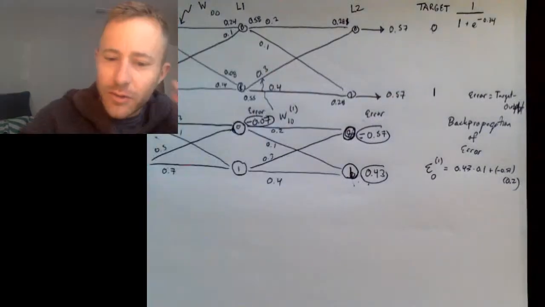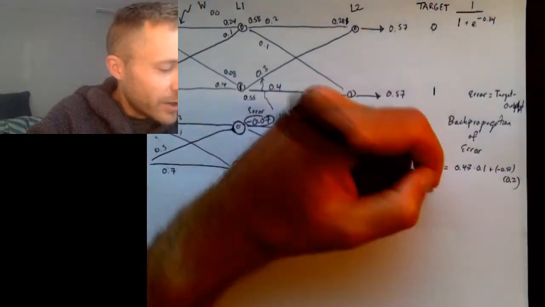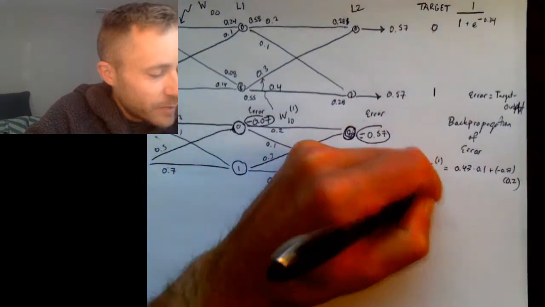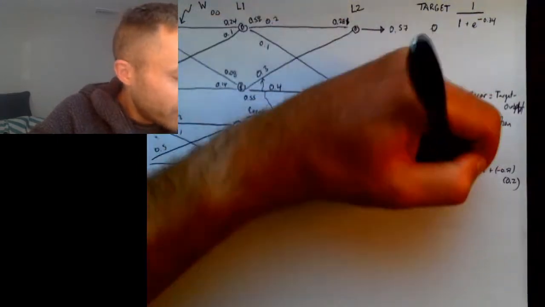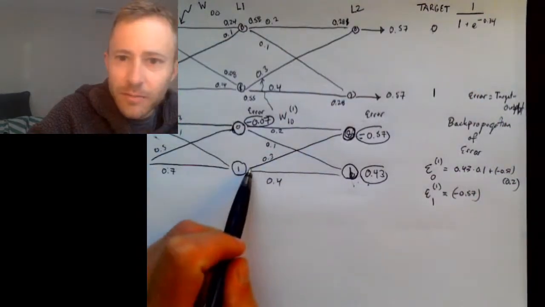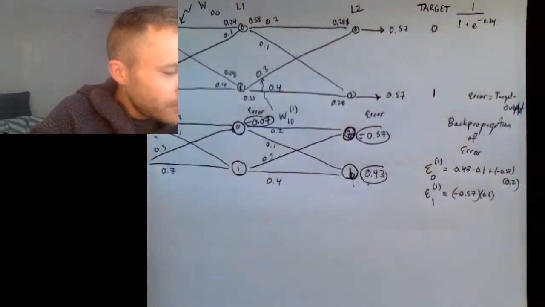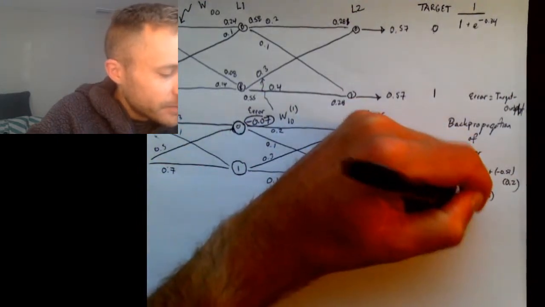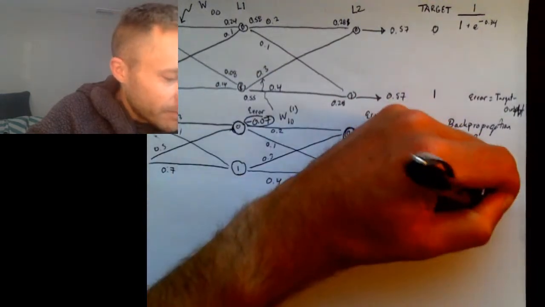And then if I do the same thing with the other one, the error of neuron 1 in layer 1 is going to be negative 0.57 times this link, which is 0.3, plus 0.43 times this link, which is 0.4.